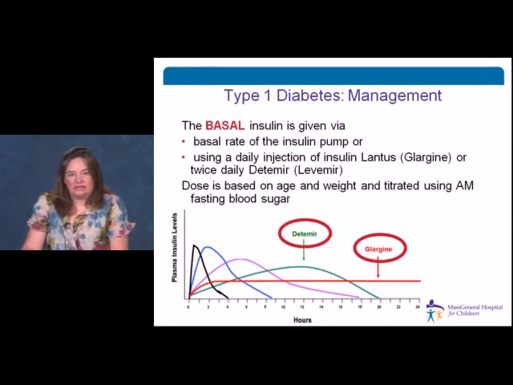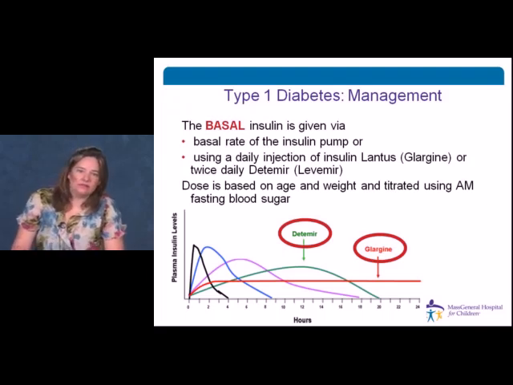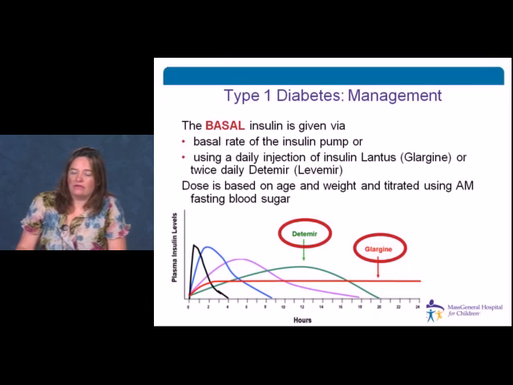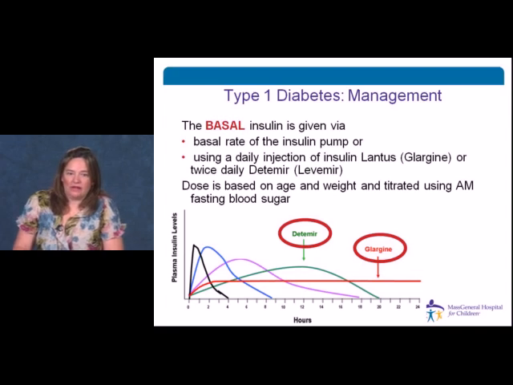So basal insulin, as I said, is now done with either once daily dosing of glargine, twice daily dosing of Levemir, or hourly dosing through the pump of a short-acting insulin. So this shows the pharmacokinetics of these insulins and how they do have much more of a peakless background insulin, which is what we want to keep the stores in check.